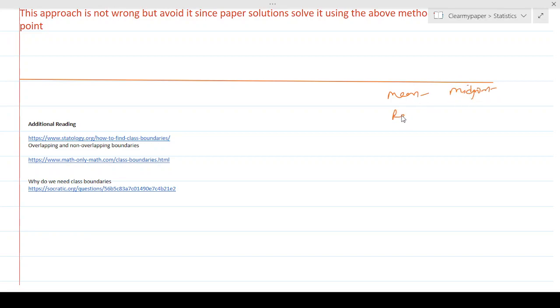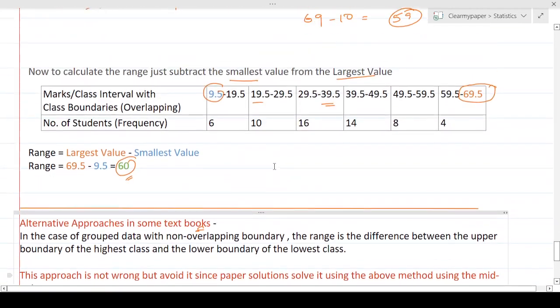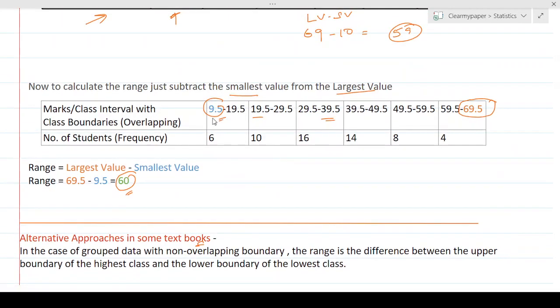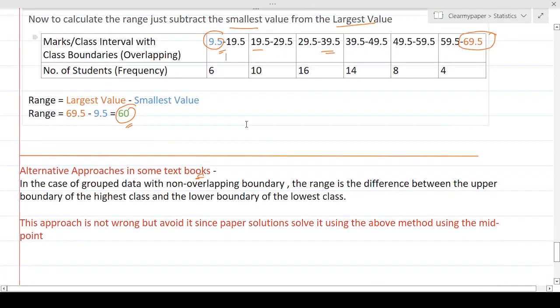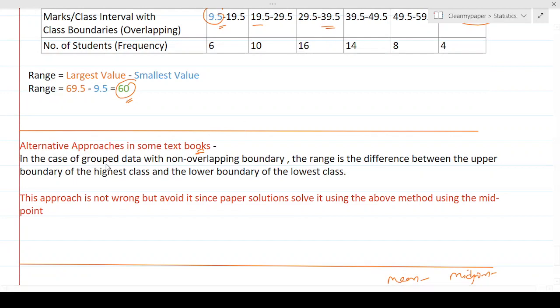And if it's a range, then convert that into an overlapping boundary, again calculating the midpoint, but across the boundaries, not within the range, and subtract the gap from the lower and the upper, and then subtract the largest and smallest values. So that's a disclaimer. Don't follow the approaches in the textbook in case they have done the calculation like this.